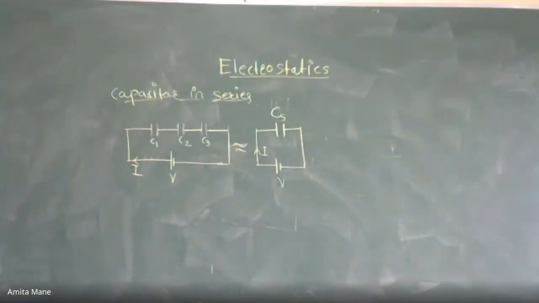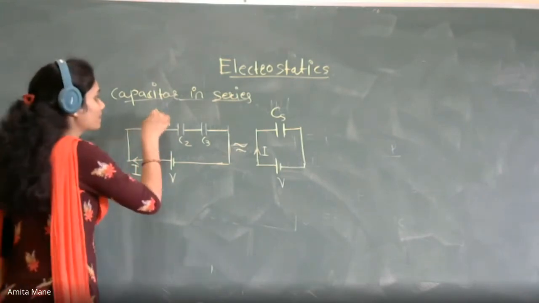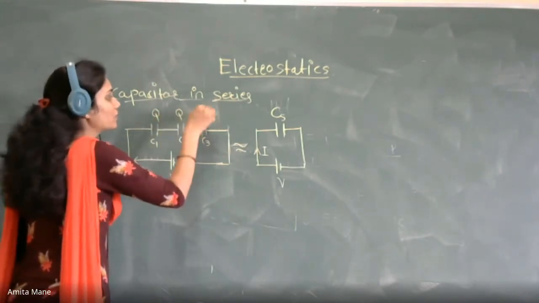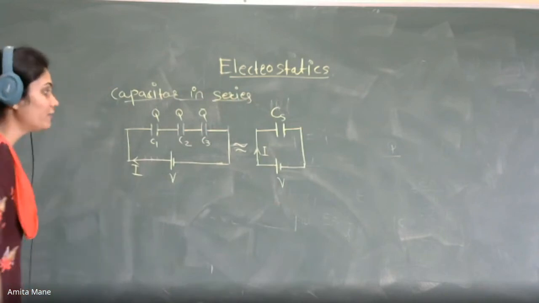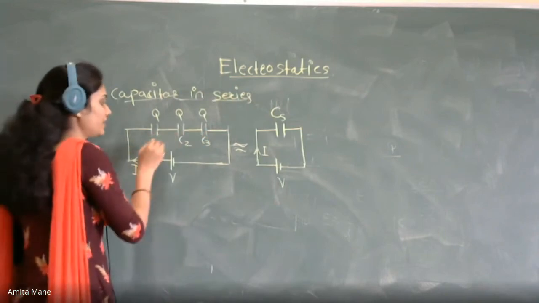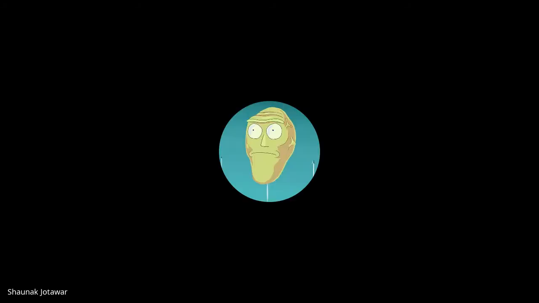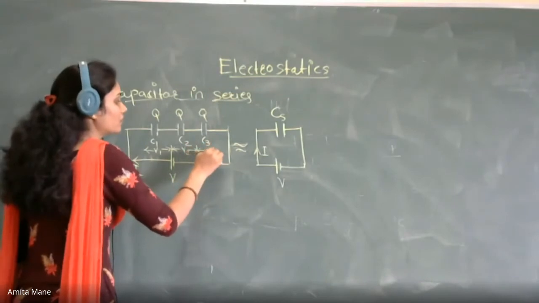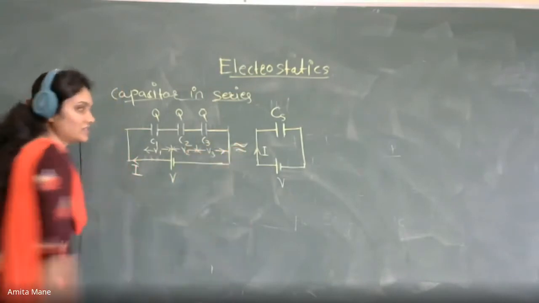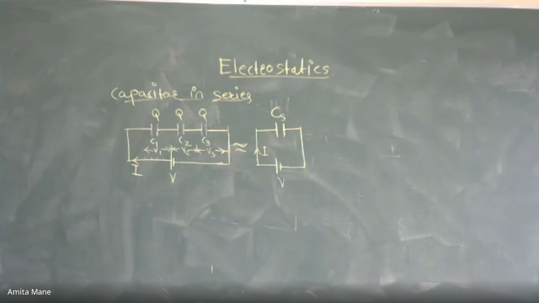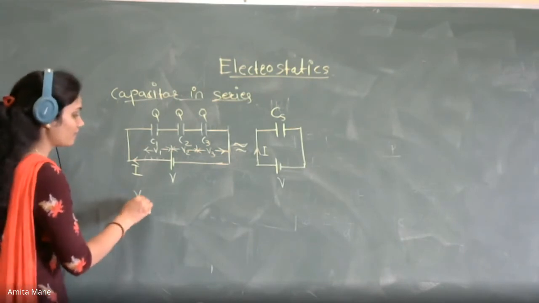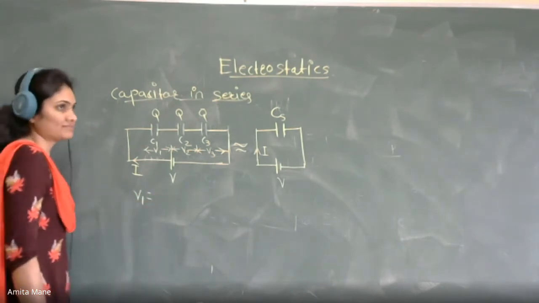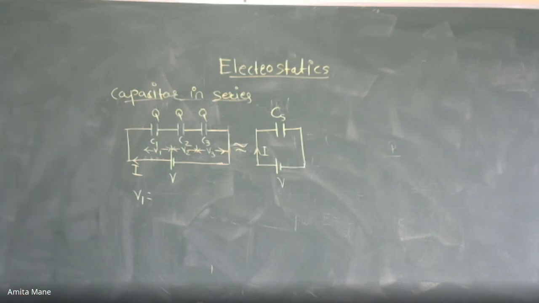The charge on C1, C2, C3 will be Q, the same thing. And the voltage across each capacitor will be different: V1, V2, V3. So V1 is equal to Q upon C1.